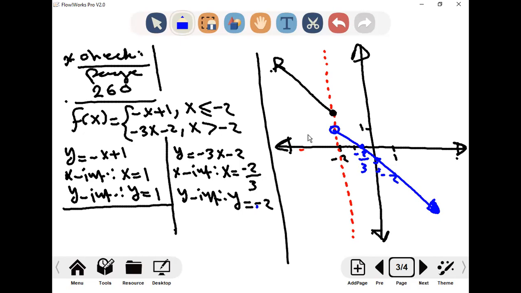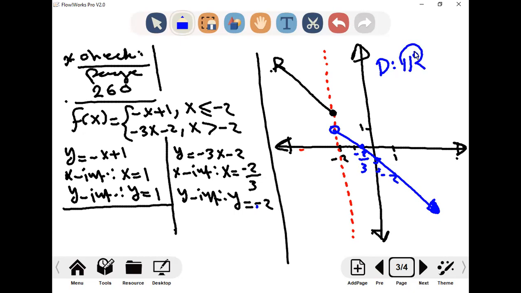But is there any problem here? All the values less than or equal to negative 2 are defined here, and all the values more than negative 2 are defined here. So this function covers all R, all the real numbers, right? So here we say the domain is all real numbers.